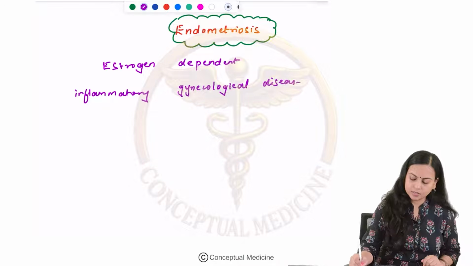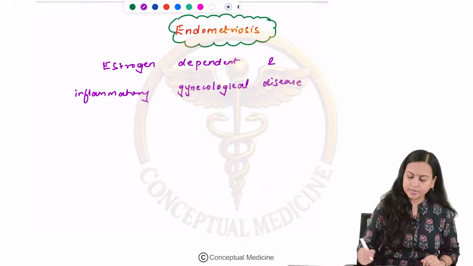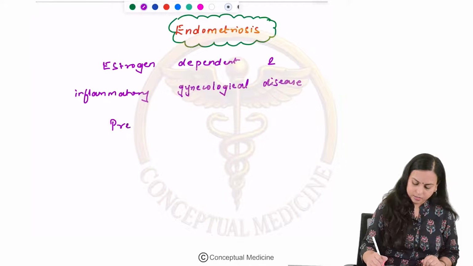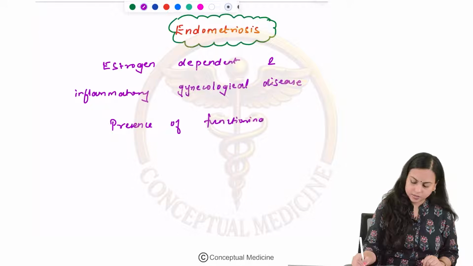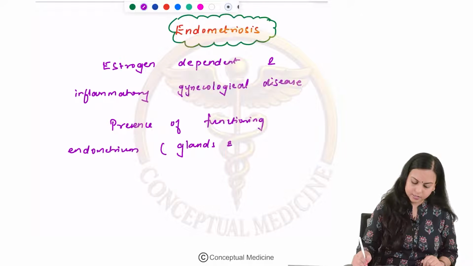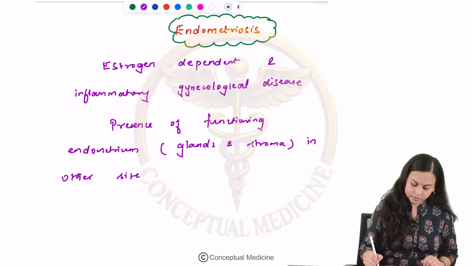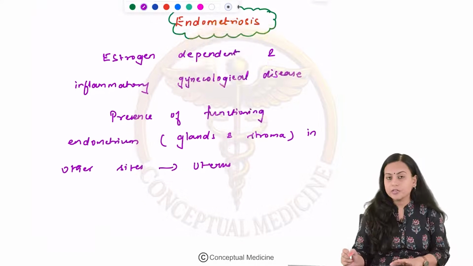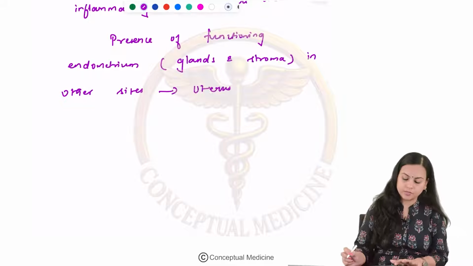So, this is an estrogen dependent as well as inflammatory gynecological disease, and there is presence of functioning endometrium. The endometrium includes both glands and stroma, and this will be present in other sites than the uterus. Okay, so that is called endometriosis, right?